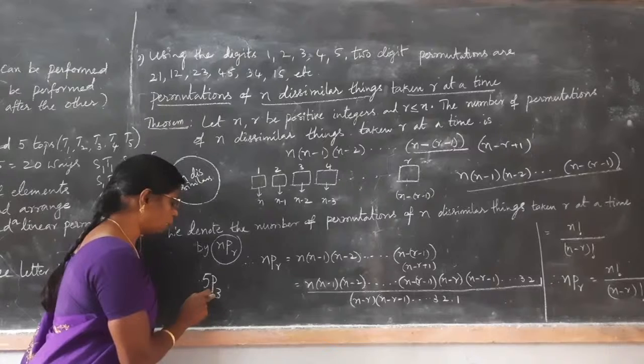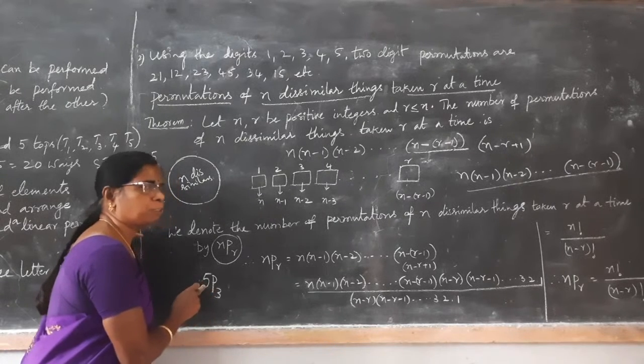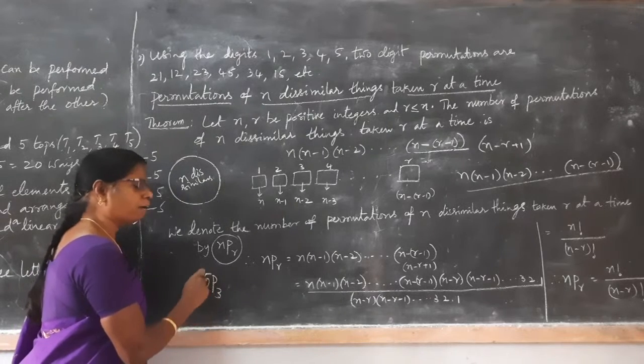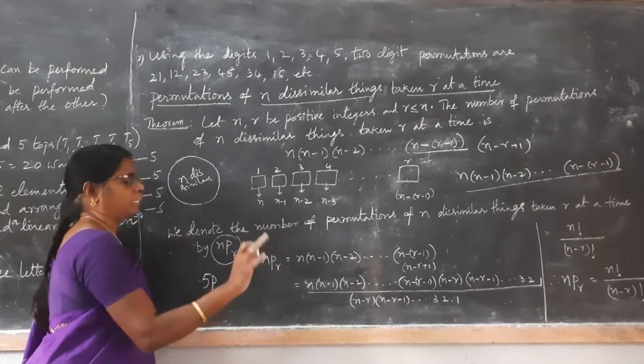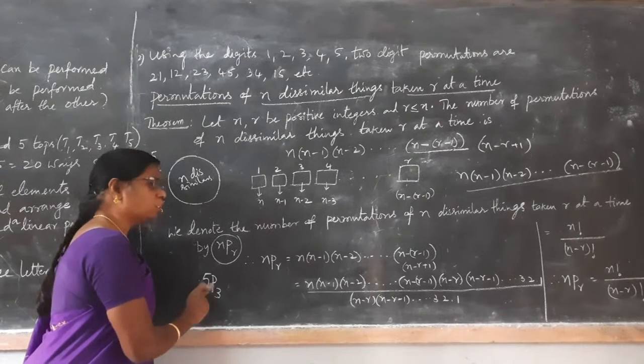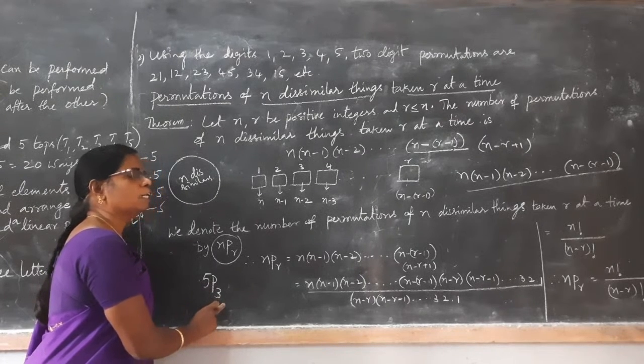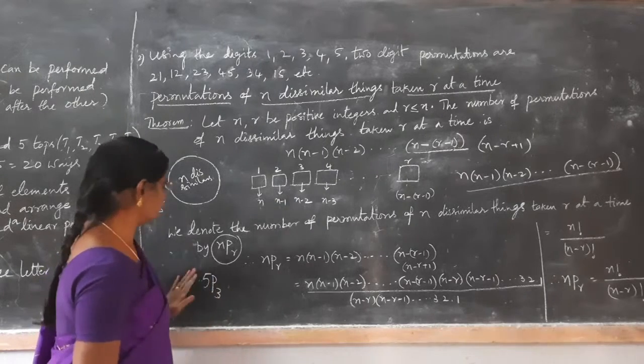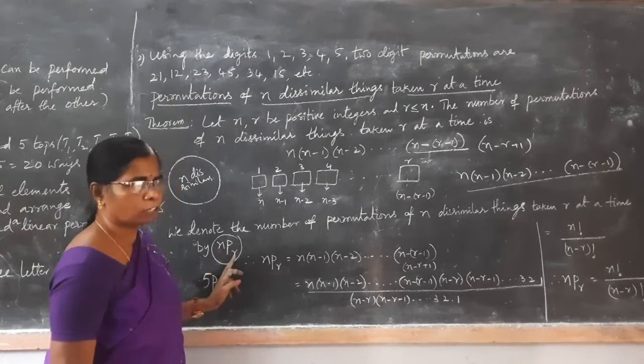So 5P3 means the number of permutations of 5 dissimilar things taken 3 at a time. 5 వస్తువుల నుంచి 3 వస్తువులు తీసుకోగా వచ్చే పర్ముటేషన్స్ ఎన్ని అని ఇది చెప్తుంది. ఓకే, ఇది డినోషన్ nPr.